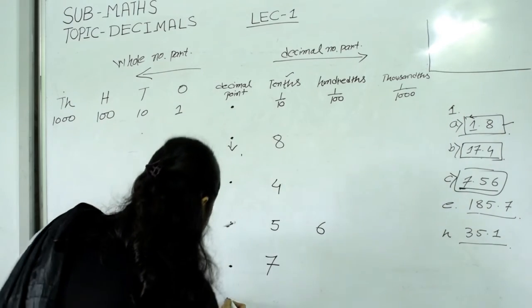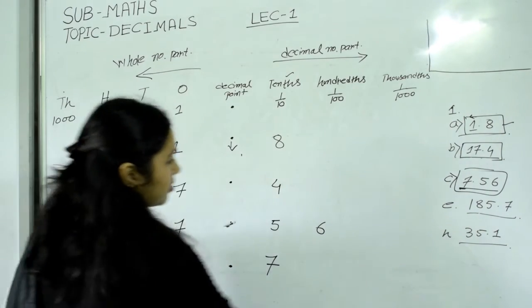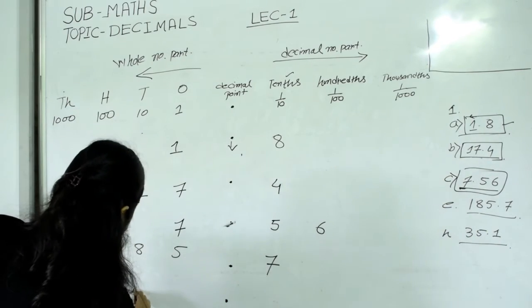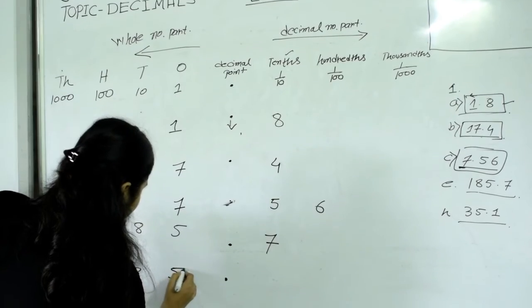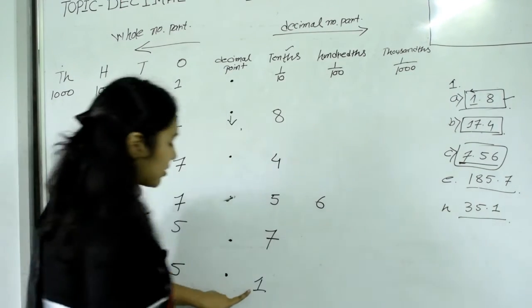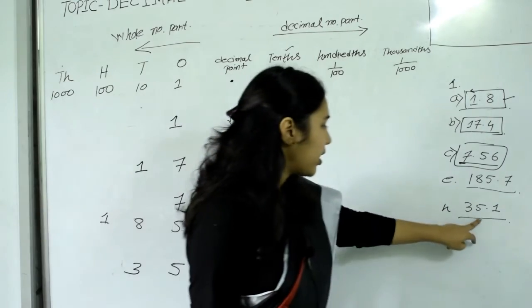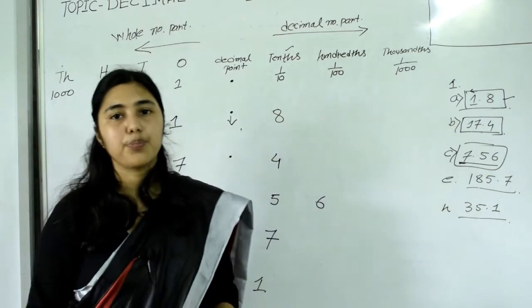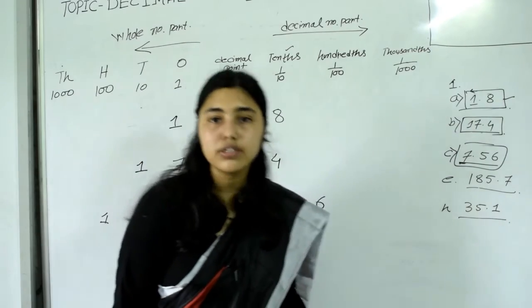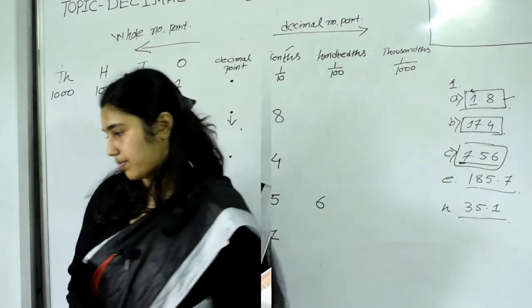Next, point 35.1. So 3 tens, 5 ones, 1 tenth. So read this number as 35.1 or 35 and 1 tenth.